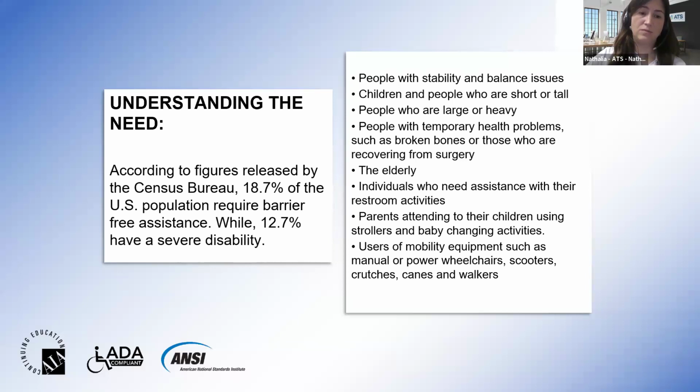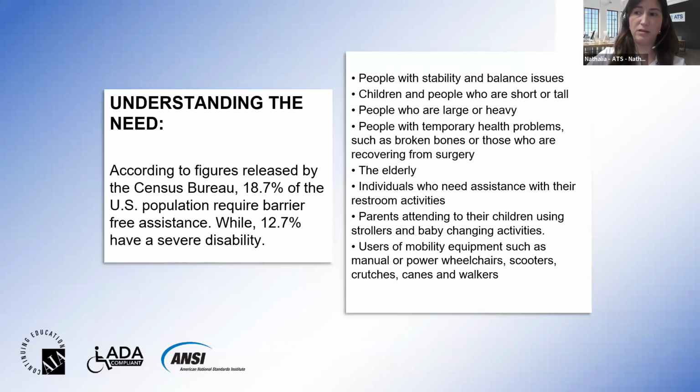And also 12.7% have a severe disability. So these standards always take into account these numbers and ensure that people have the ability to navigate and manipulate the environment around them. So we have to address reach, path of travel, and more.